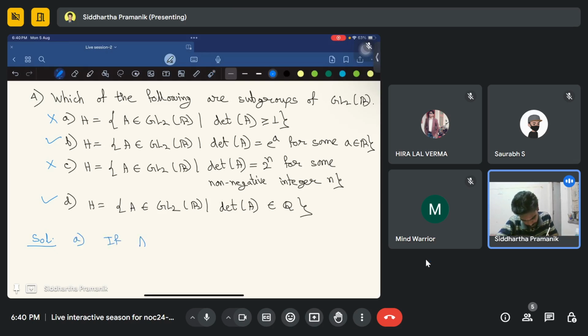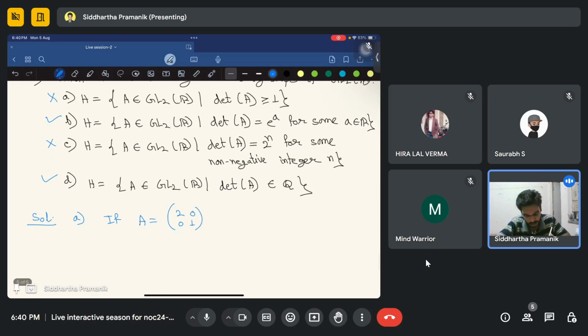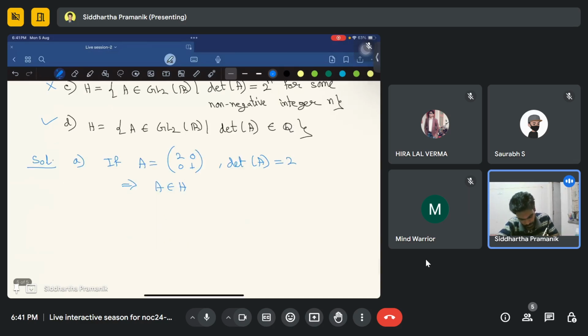So if we take this diagonal matrix 2 0 0 1, then its determinant is 2. So determinant of A equals 2, which implies A belongs to H. Now what about A inverse?